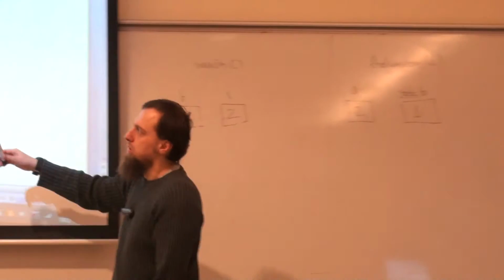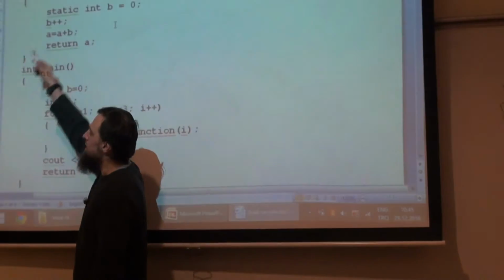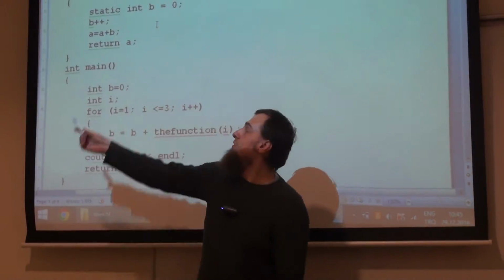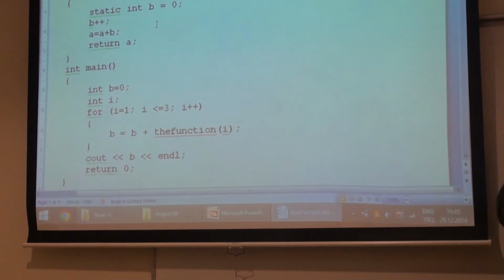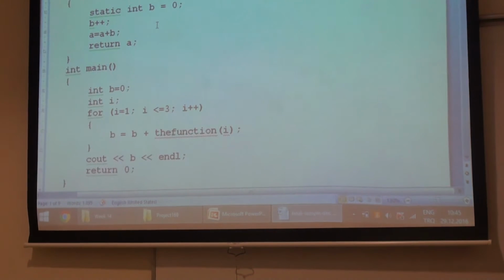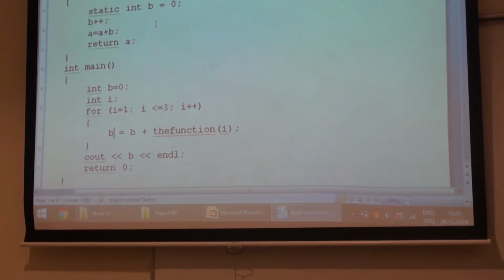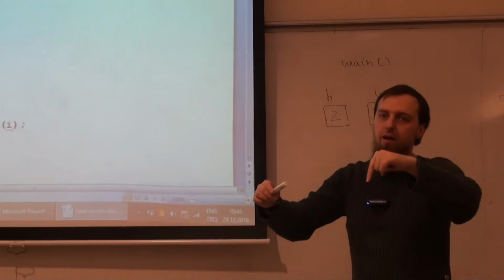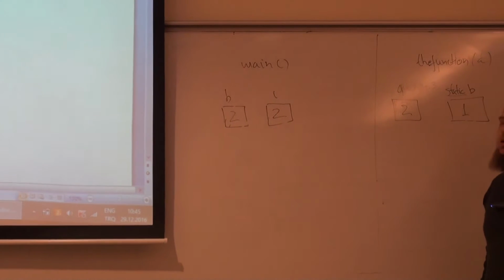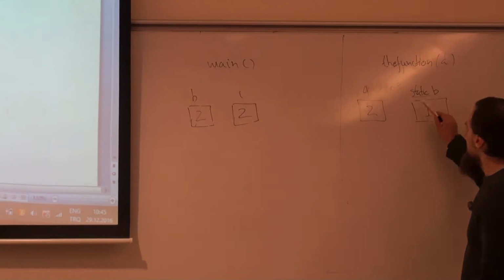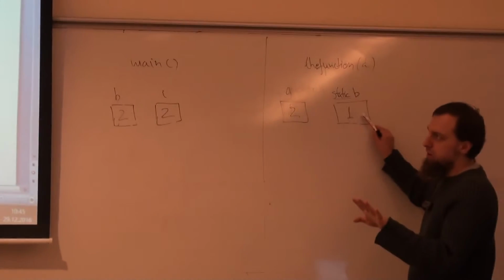Now let's see what I'm doing. Since this is a static variable, the first line is not going to be executed, because we already have b here. That's why I'm not going to put it to be 0. I'm continuing with the second line. So the first line is executed only at the first call of the function. So b is equal to 0 is not going to be executed.